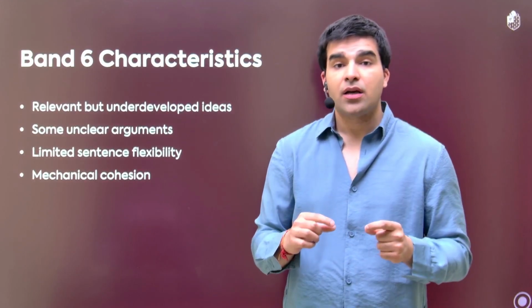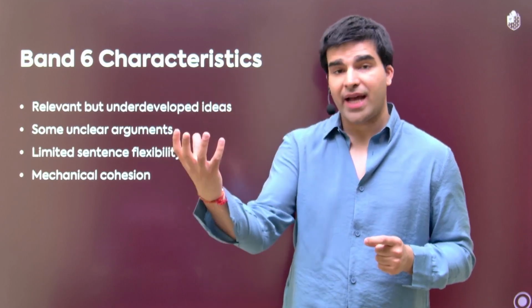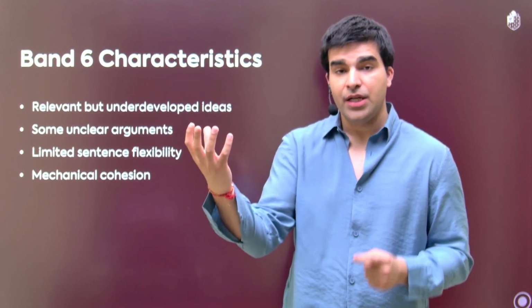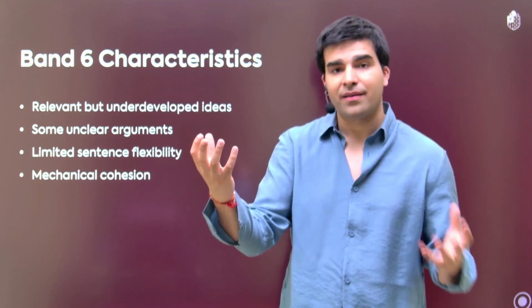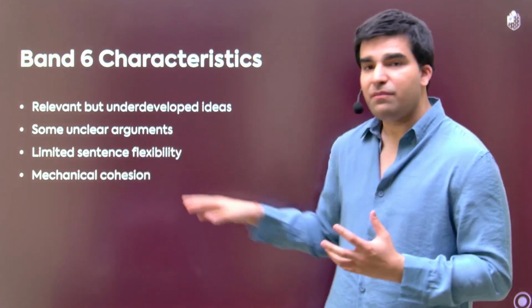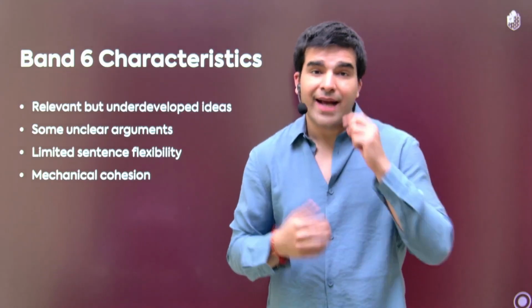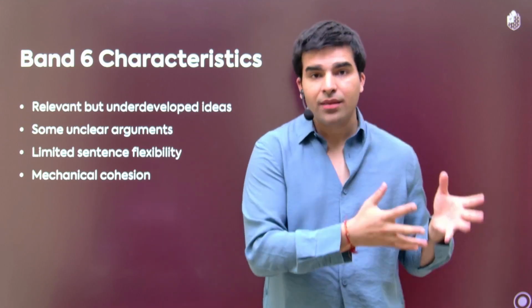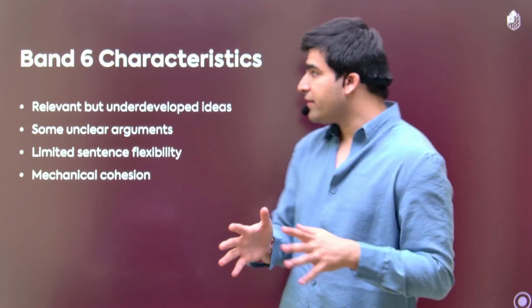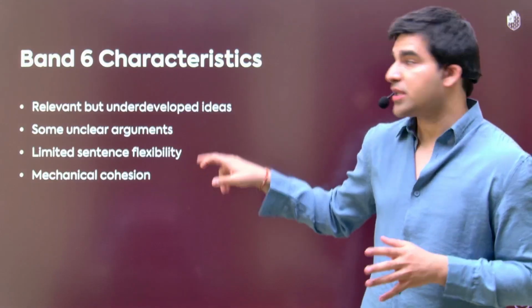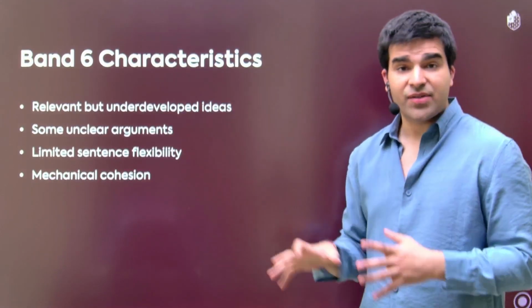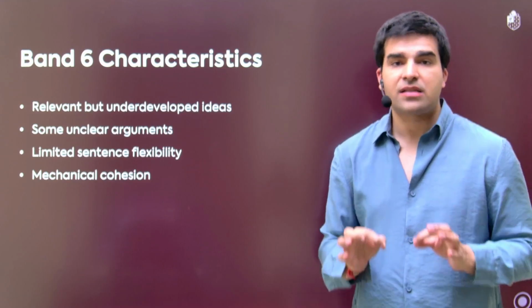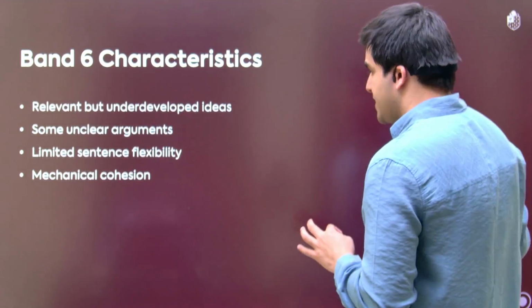It means words that connect one idea or one paragraph to another idea or another paragraph. So there is a lot of mechanical cohesion. There's no natural flow from one segment of the text to the other. So there you have it, mechanical cohesion as point number 4, a characteristic of a band 6 IELTS exam.